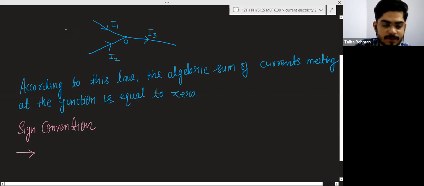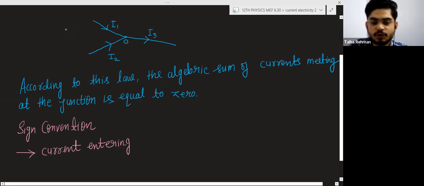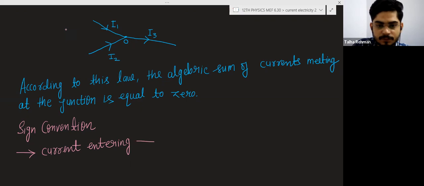First thing is, if the current is entering the junction, then you will take it as positive.